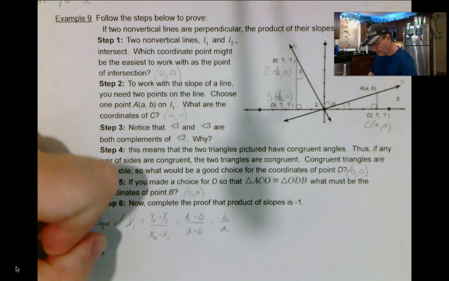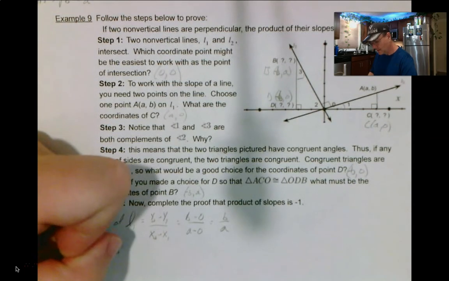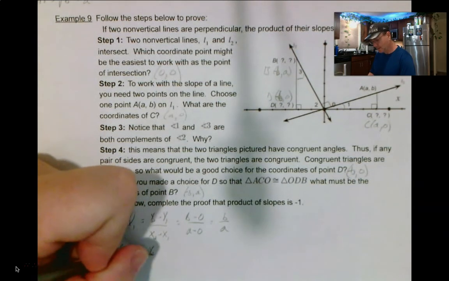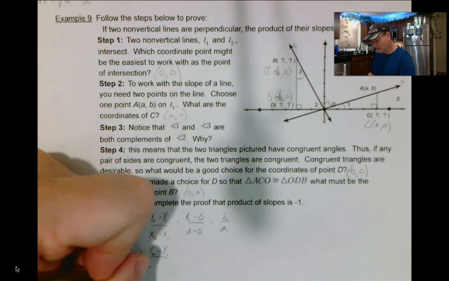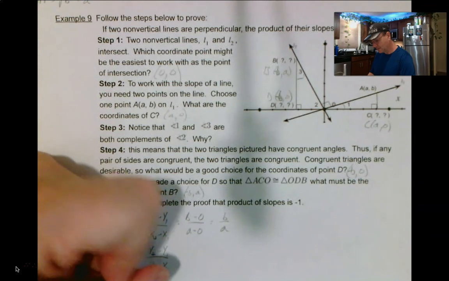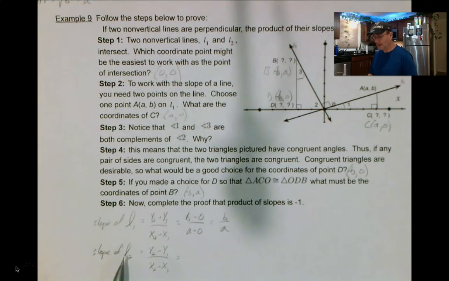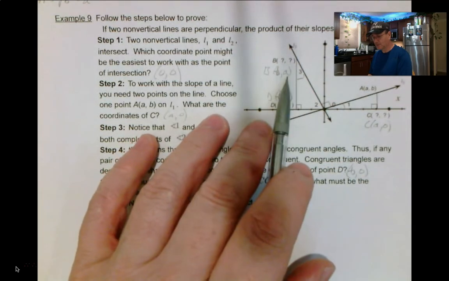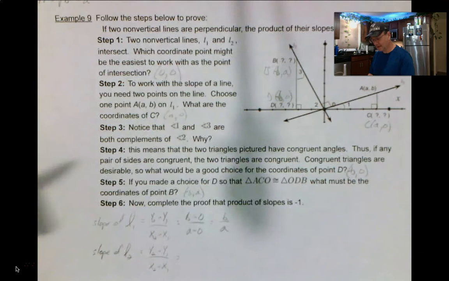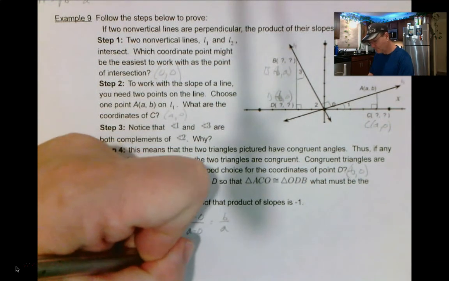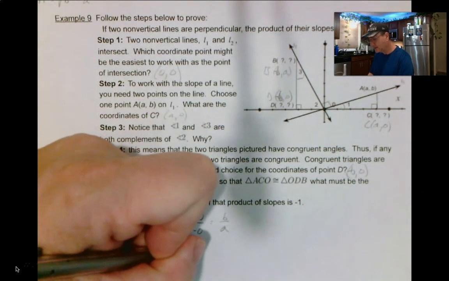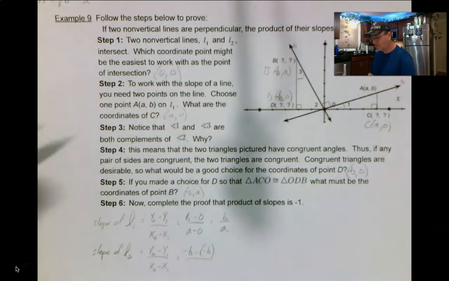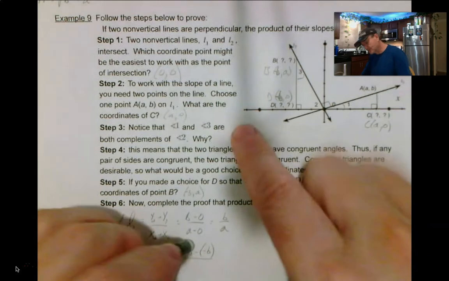Slope of L2, y2 minus y1 over x2 minus x1 equals. All right, it doesn't matter, but let's do, this is x2 and y2, so negative b minus negative b, negative b minus negative b over, oh goodness gracious, what am I doing?